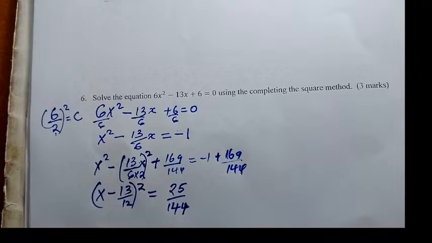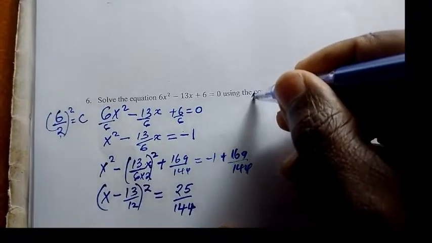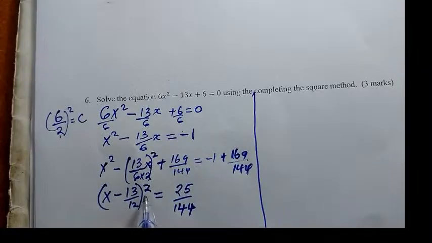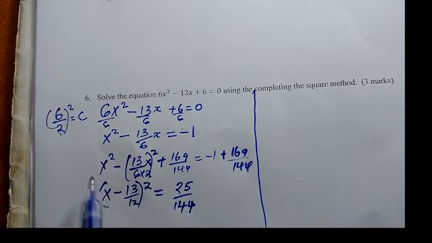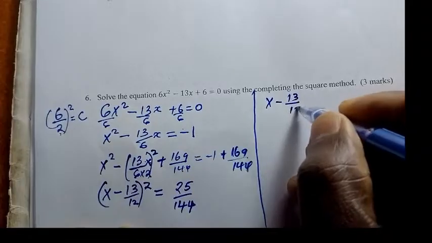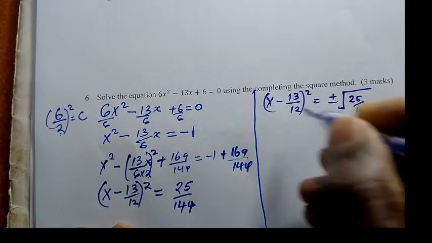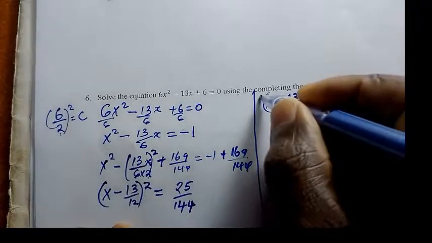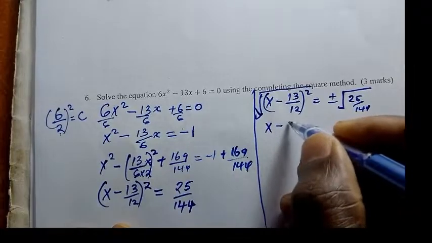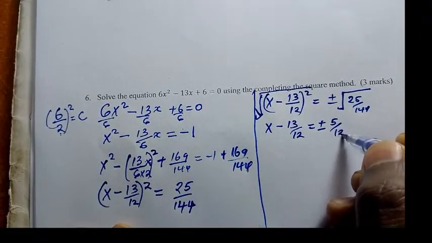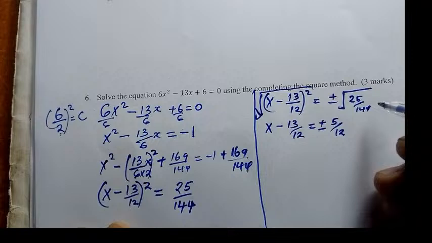So now the next thing we need to remove this square. Hii square tuna remove hapa by square rooting both sides. So we are going to remain with x minus 13 over 12. The square root of 25 over 144 is this.